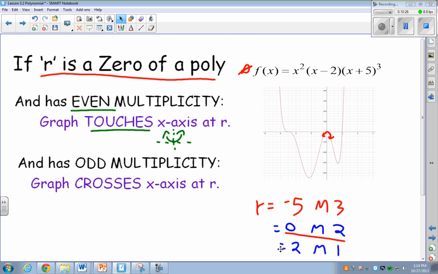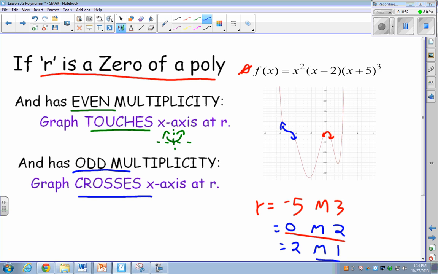Doesn't go through. Now if it's odd, it does the opposite. It crosses through the x-axis at your 0. So when r was equal to -5, notice how it crosses through there, almost like a S. So it should look something like that.